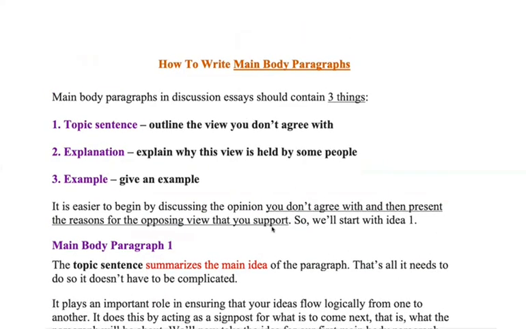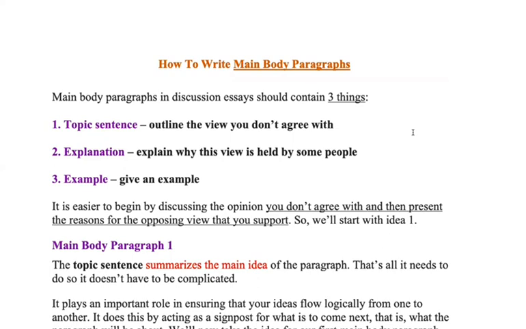Okay, so how to write main body paragraphs? Main body paragraphs in discussion essays should contain three things: topic sentence, explanation, example. You must do this, otherwise you won't get a good mark. The topic sentence outlines the view you don't agree with, or you agree with, as you like.